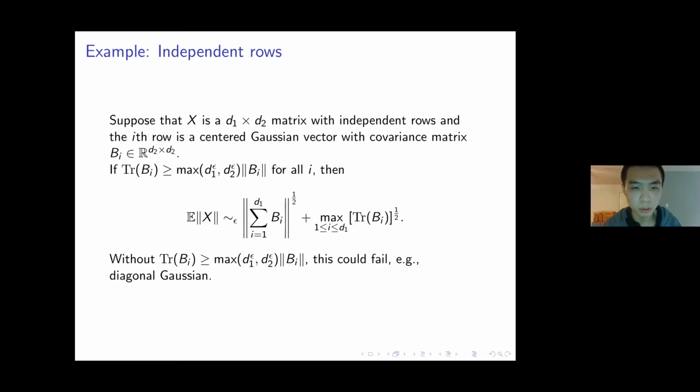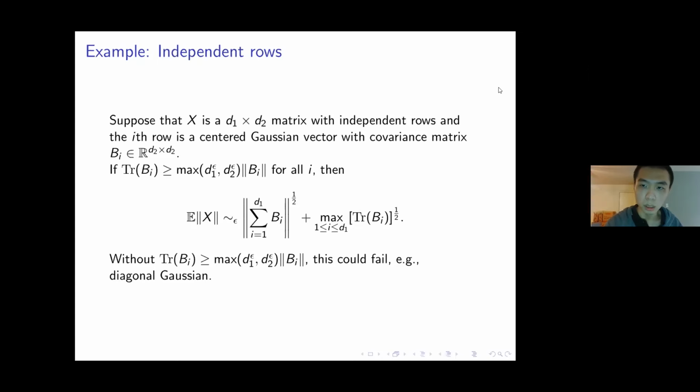So let's do more examples. So standard Gaussian was one example of the main result. Here's another example. Let's say we take a rectangular matrix, and all the rows are independent, but not necessarily IID rows. Just independent rows. And then the ith row is a centered Gaussian.